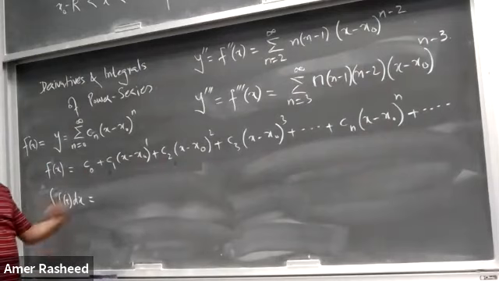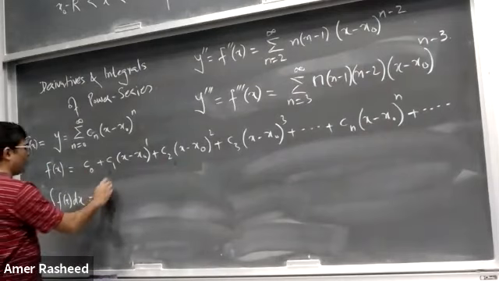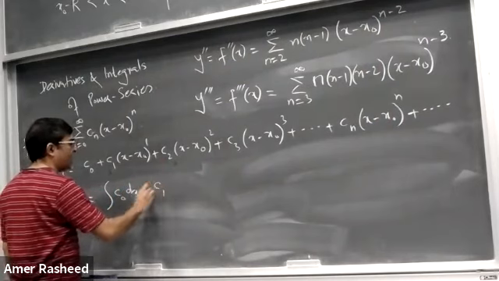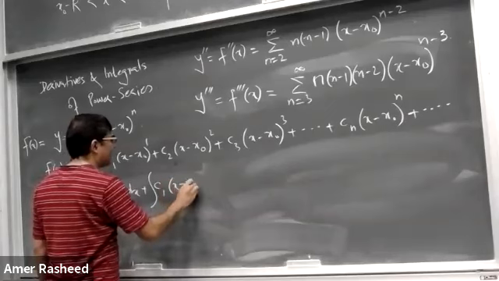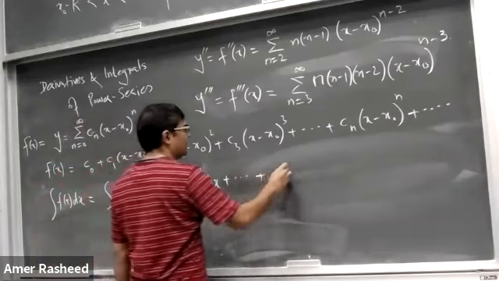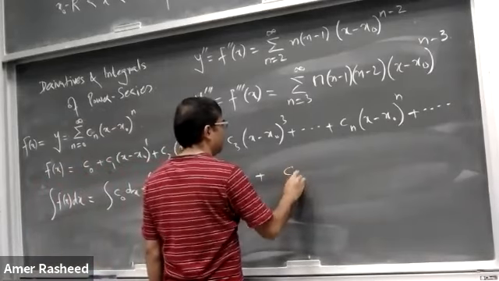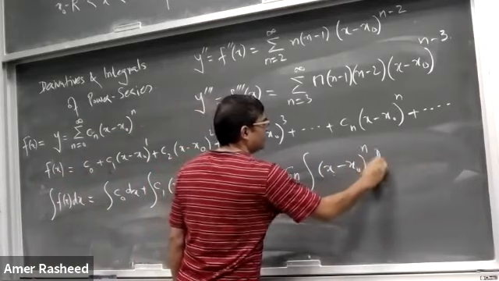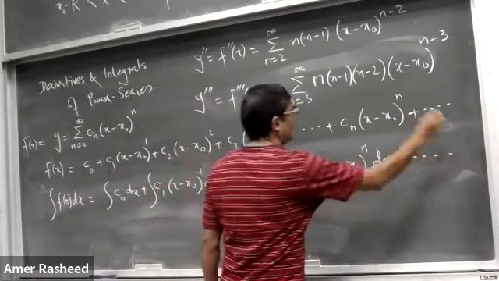So we call it term by term integration. So we integrate C naught dx plus C1 (x minus x naught) power 1 dx and so on, plus Cn. In fact, it is a constant. We can take it outside so that we have this.